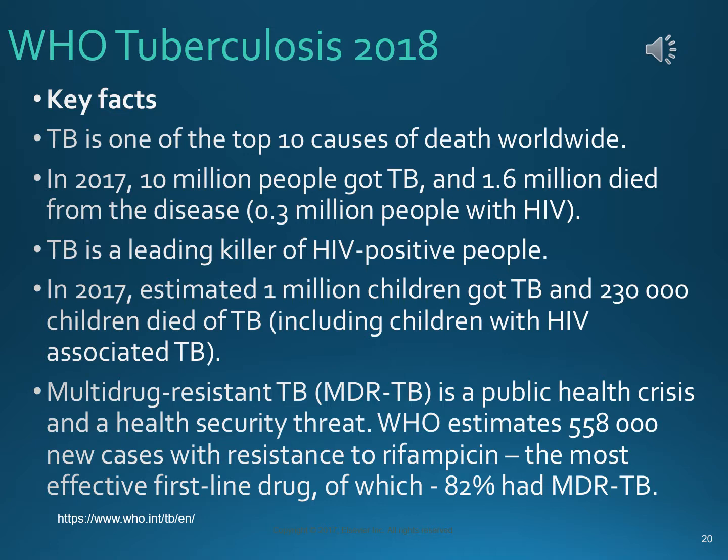The WHO estimates that there were over 500,000 new cases with resistance to rifampin, which is the most effective first-line drug, of which 82% had multi-drug resistant TB. There's a lot of things that are scary to me in terms of things I wouldn't want to get in my life, and multi-drug resistant TB is one of them.